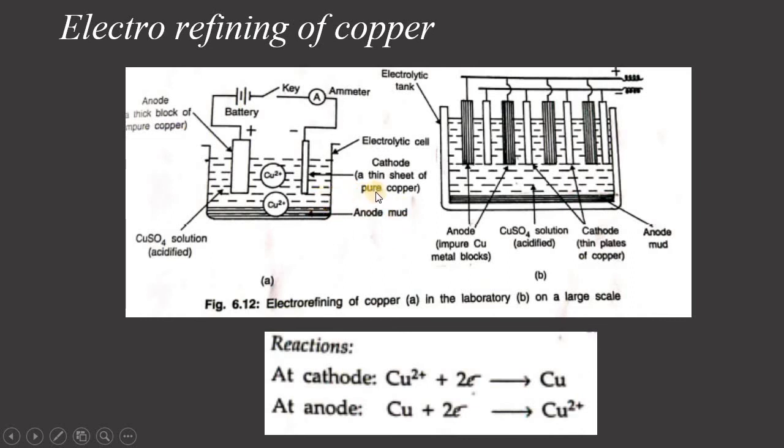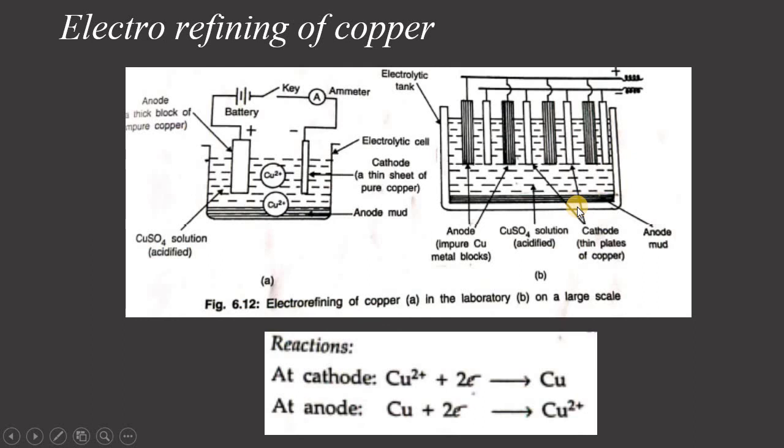You can compare these two diagrams yourself also. And the anode is impure copper. Anode mud is deposited separately. The anode is impure copper, the anode mud is different. We will be discussing that.